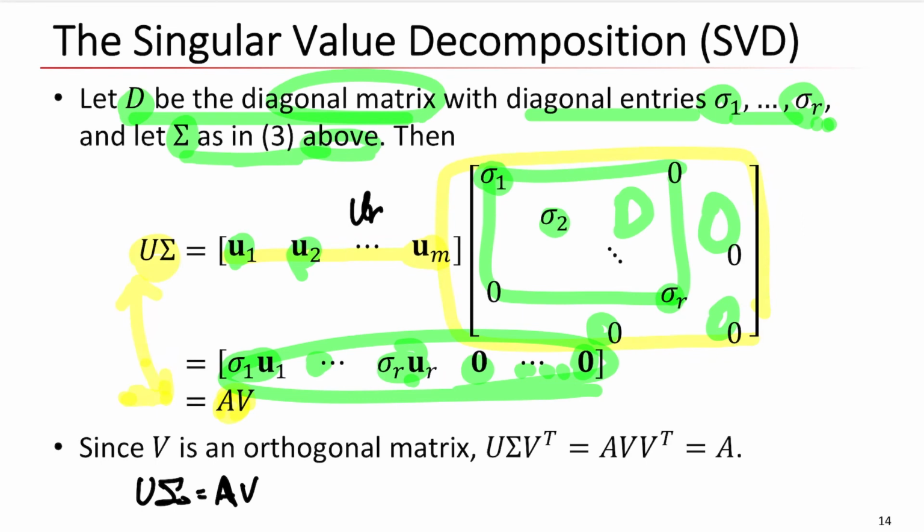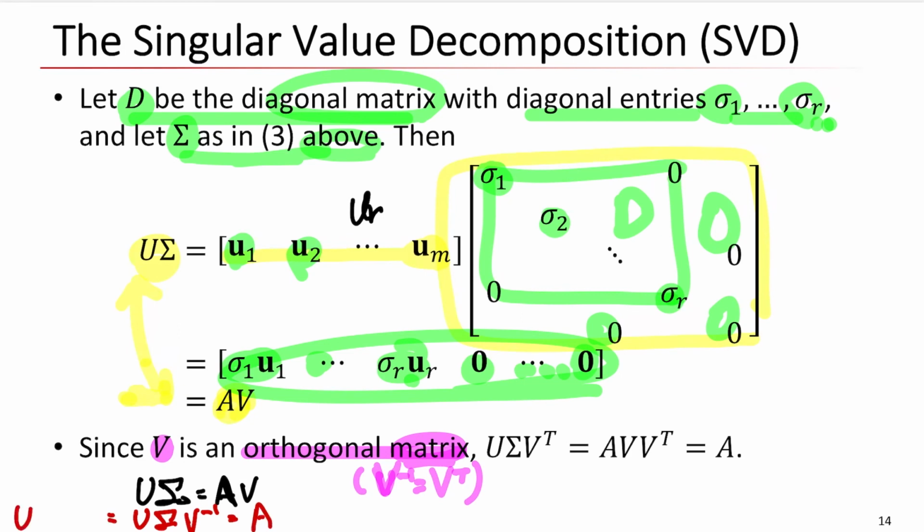So if I rewrite this one again, U sigma is equal to AV. And then matrix V is an orthogonal matrix, and orthogonal matrix means V inverse is equal to V transpose, right? So if we compute, sigma V inverse is just V transpose, right?